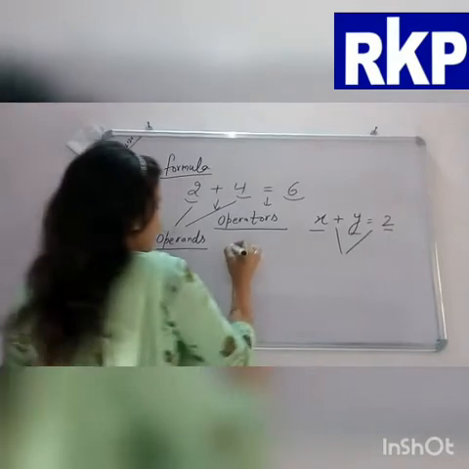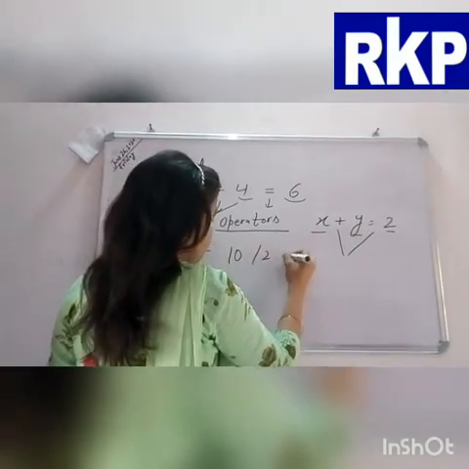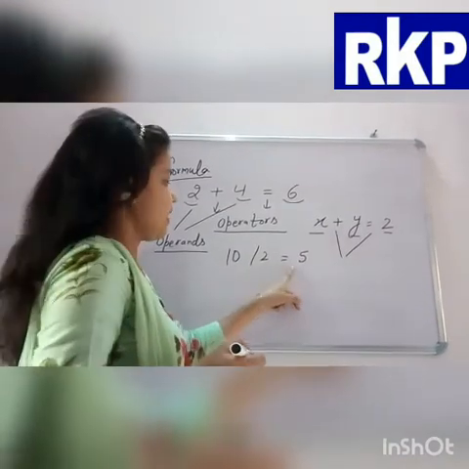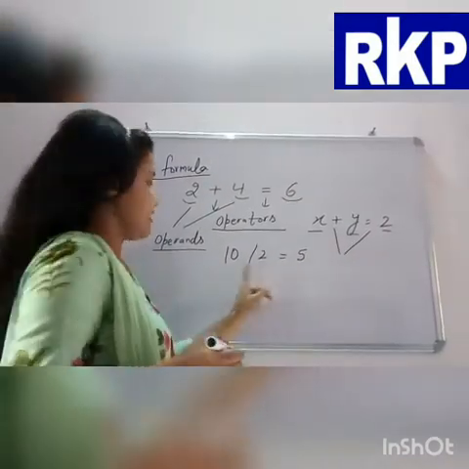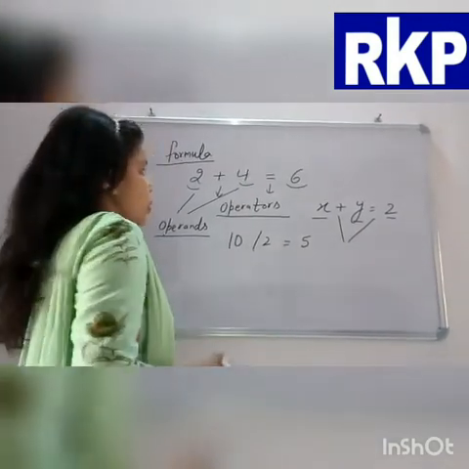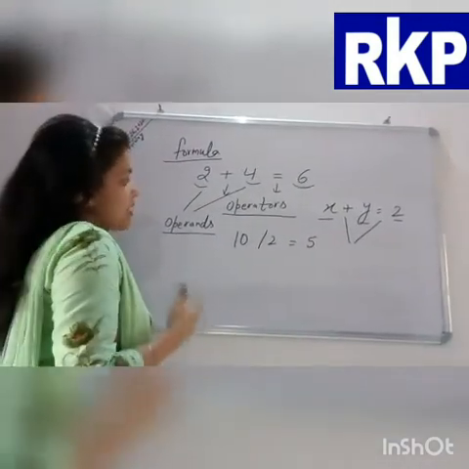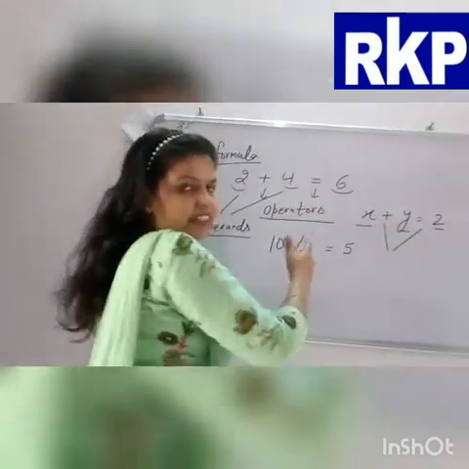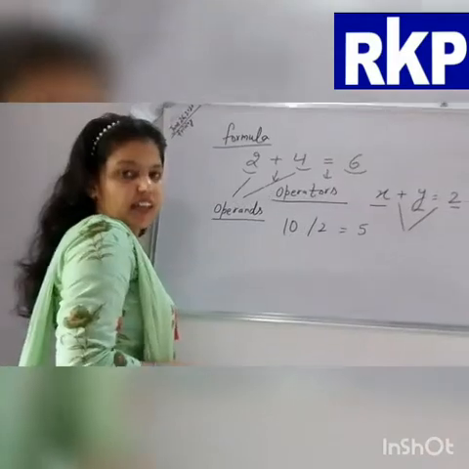Once again, 10 divided by 2 equal 5. So here 10, 2 and 5 are operands and division and equal are operators. So formula, I hope it's clear. Formula is the group of operators and operands to perform a particular task.